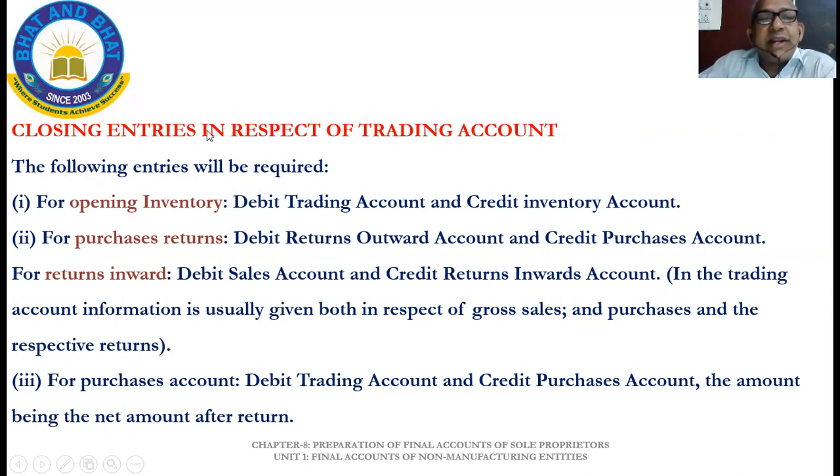Hence, closing entries in respect of trading account are: for opening inventory, trading account is debited, inventory account is credited. Then what happens? You see these opening balances, that is the closing balance of the previous year, the opening balance of the present year, will be on the debit side of the trading account.